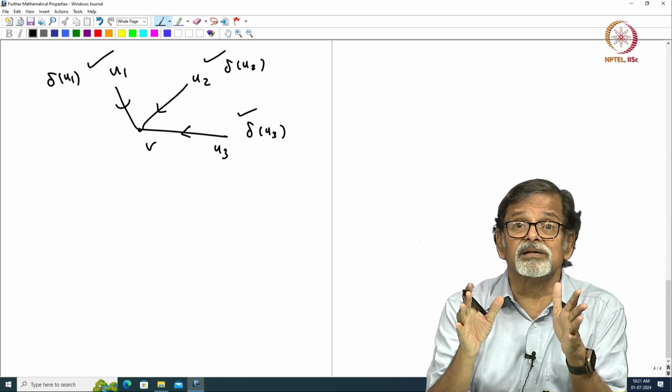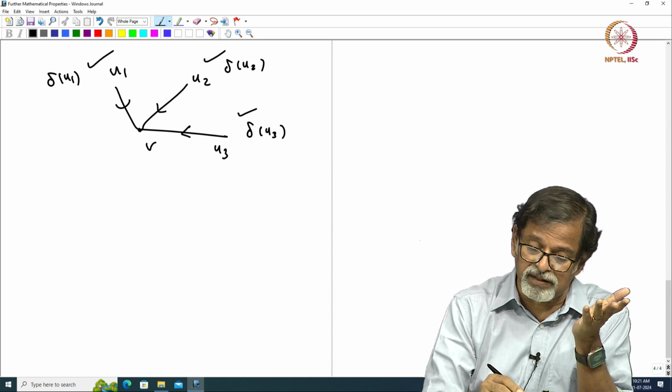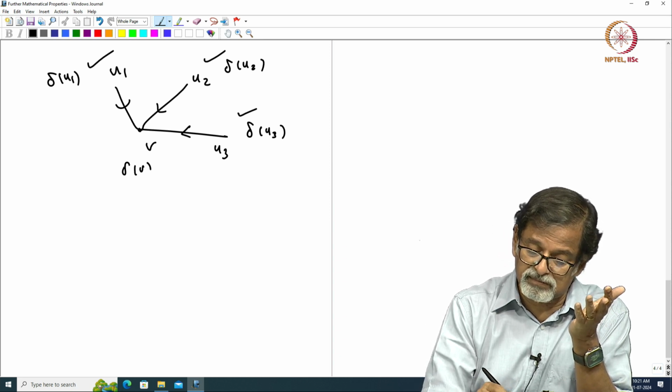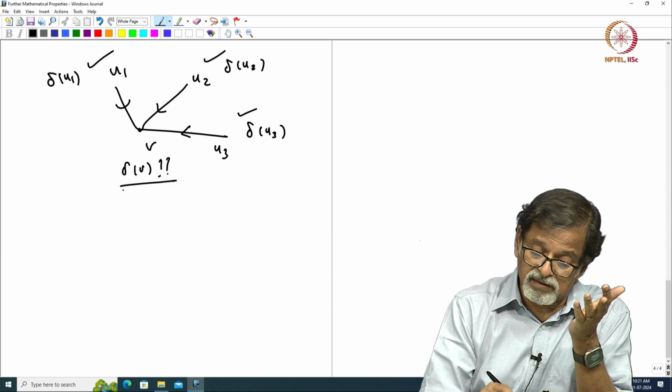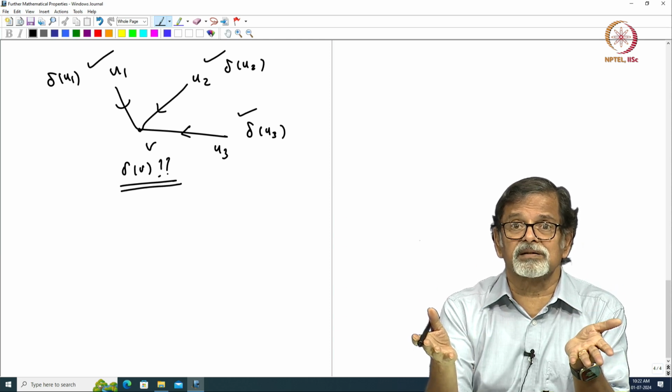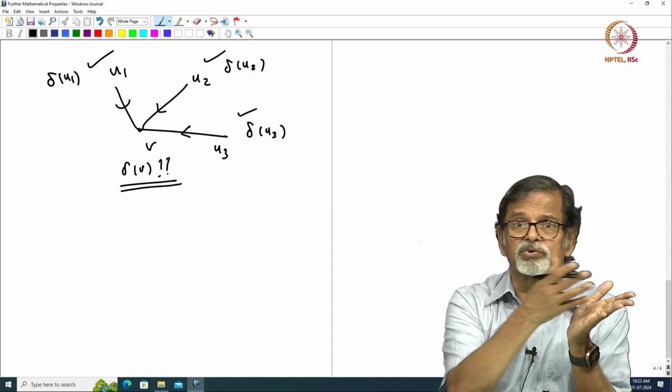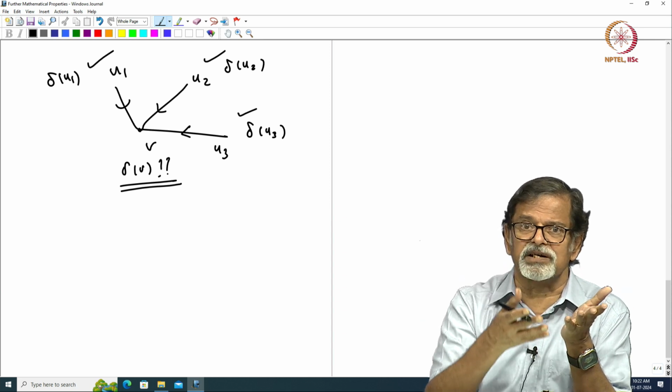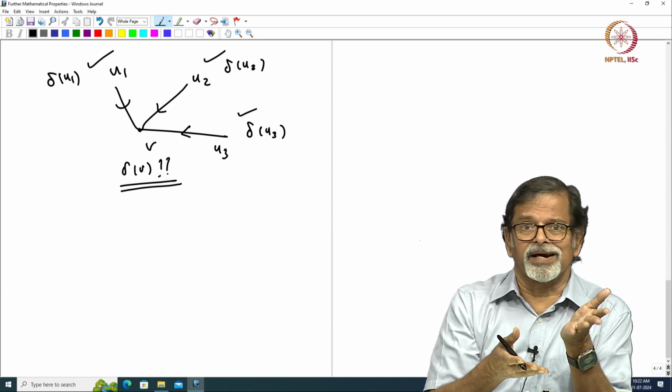Still, that is not enough to find delta v. A shortest path from s to v must have a last edge ending in v.